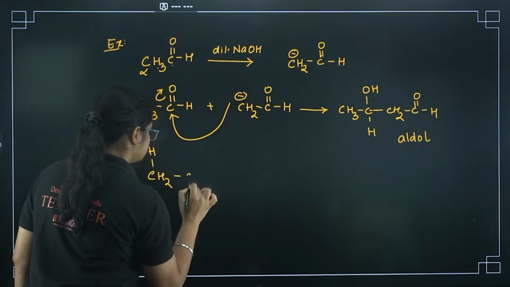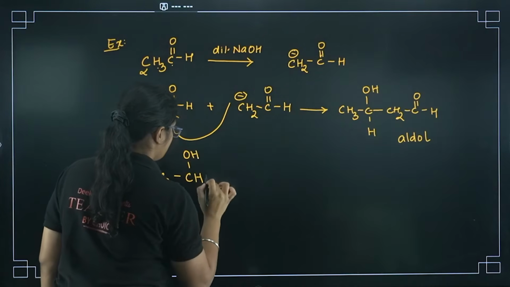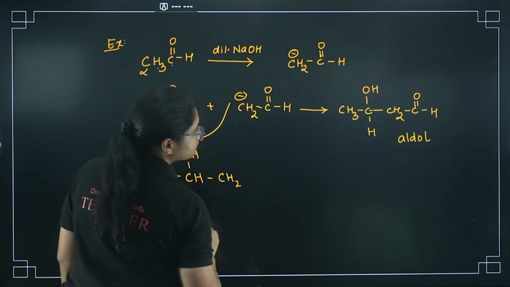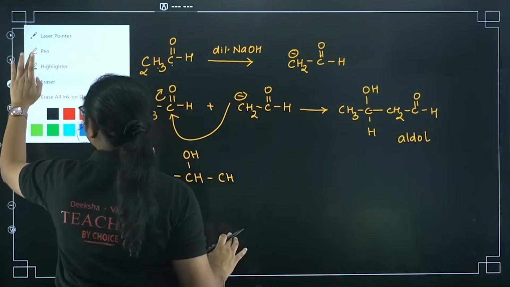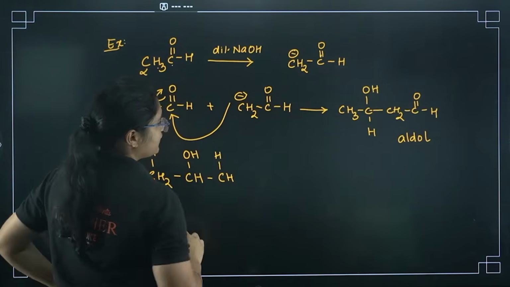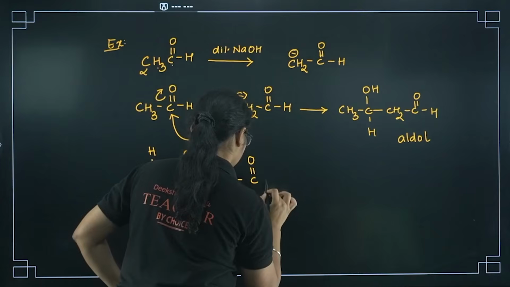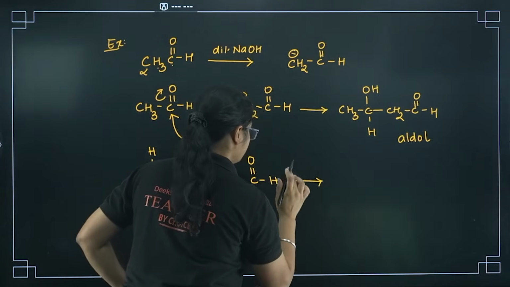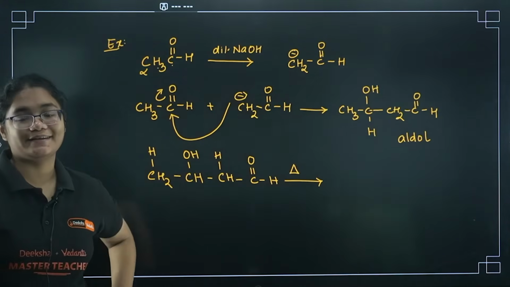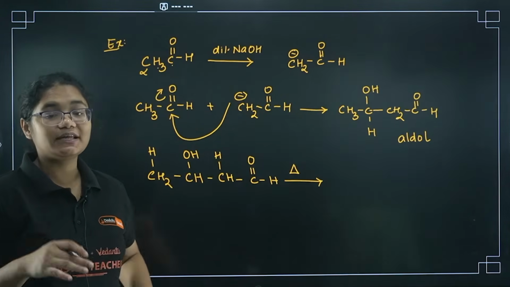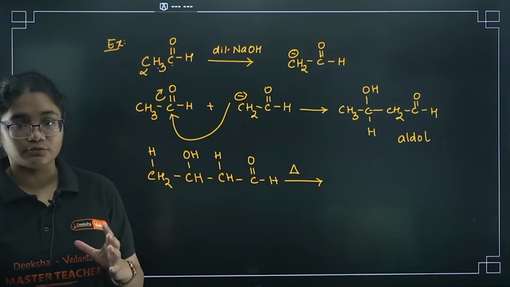Now what you can see, if you have CH3CHOH, CH2, CHO. Now when you heat it, there is a dehydration reaction, and remember this dehydration reaction occurs by the Saytzeff rule.